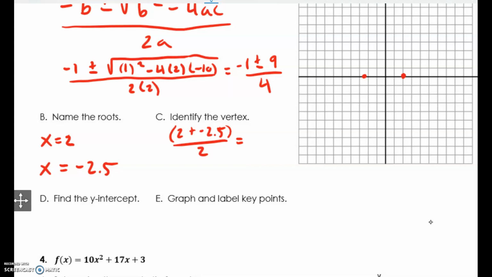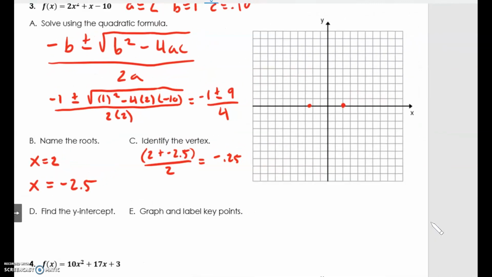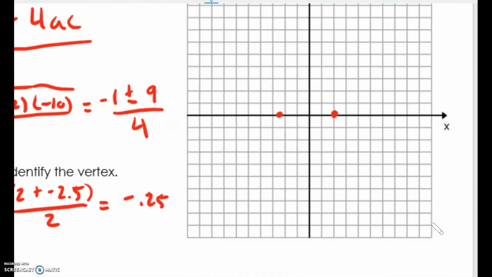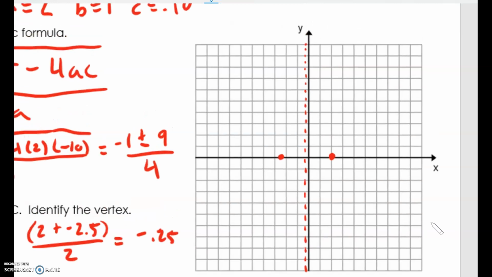That's the average, and I got negative 0.25. So the vertex is going to take place on the axis of symmetry, and the axis of symmetry is negative 0.25. So I'm going to go ahead and do my best graph of negative 0.25. Okay, so that's the middle. X equals negative 0.25.